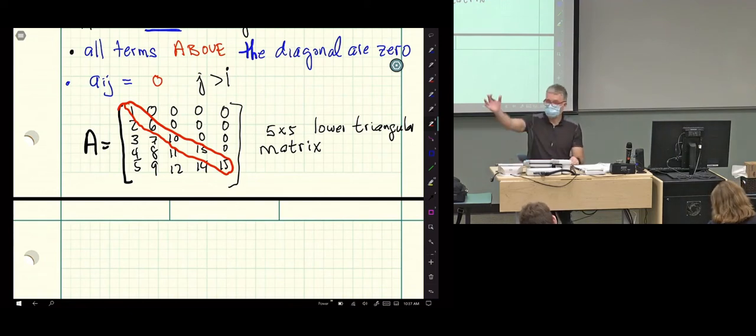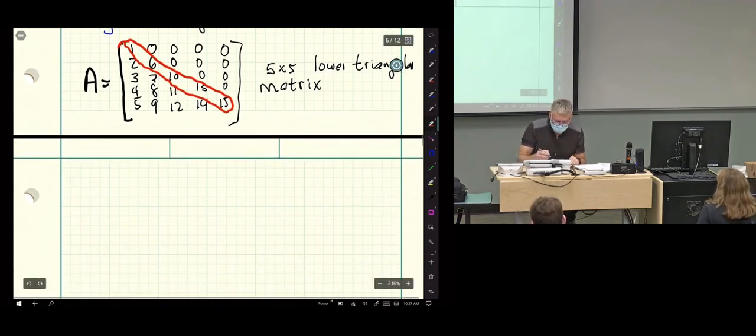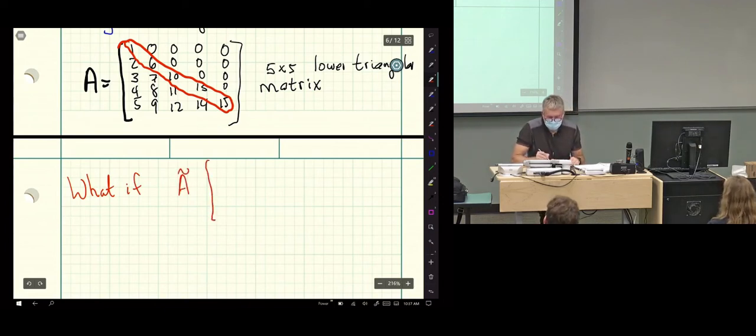Okay. Question from the audience. What would happen if you had like a lower triangle on like the right side? You know what I mean? Mm-hmm. So the question was, suppose we had some a tilde, and let's see if I can do that.